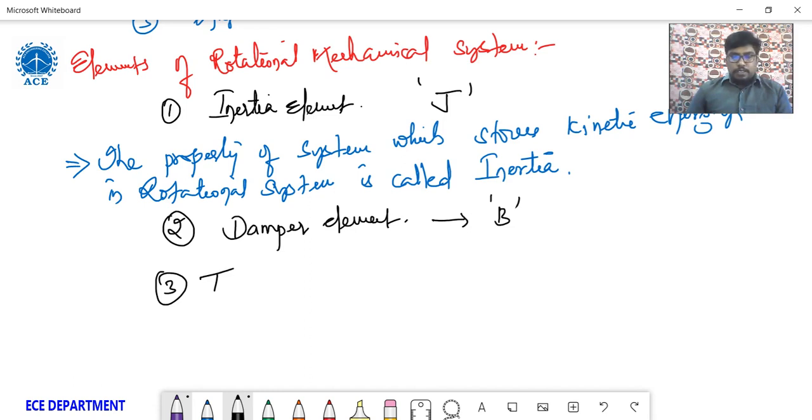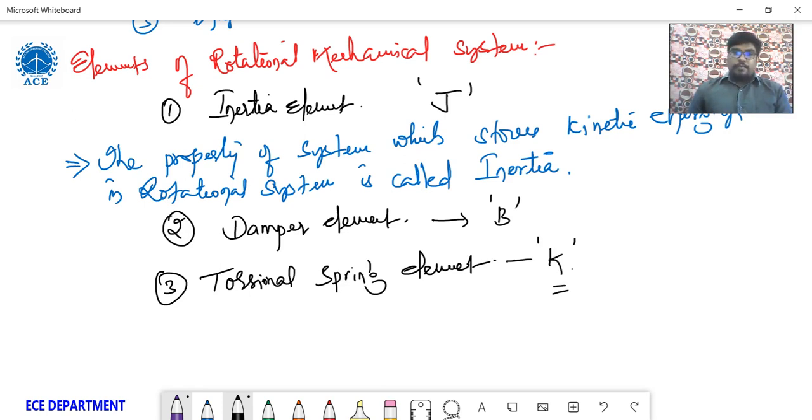And the third one is the torsional spring element, which is represented with K. So what are the elements in a rotational mechanical system? We have the inertia element, represented with J; the damper element, or damping coefficient, or viscous friction coefficient, whatever you call it; then the torsional spring element.